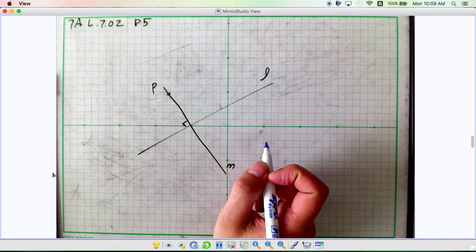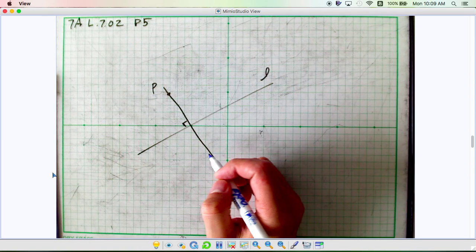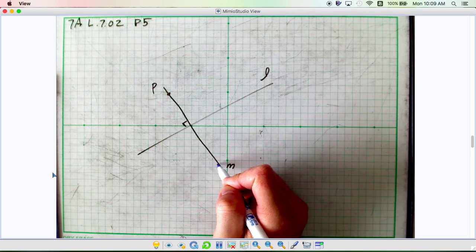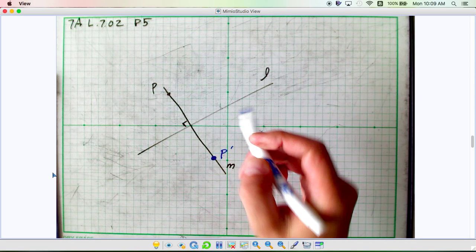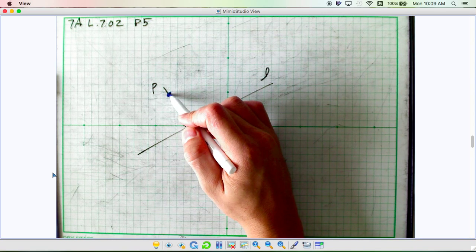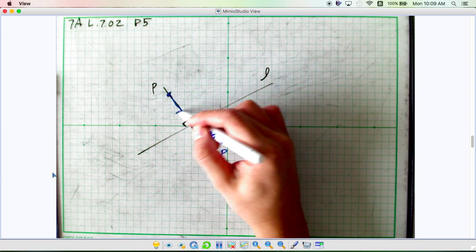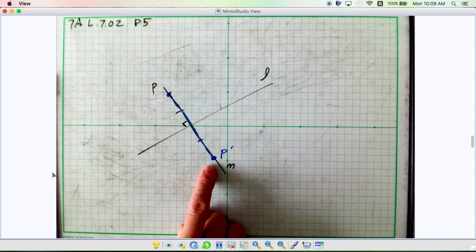So the goal of this is to explain how you can find P prime on M. So on this line somewhere over here, P prime, so that the length from P to P prime is bisected by line L. Is there any other point that we can pick in this situation to satisfy this condition?